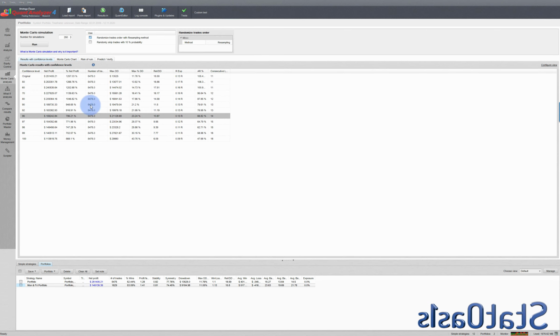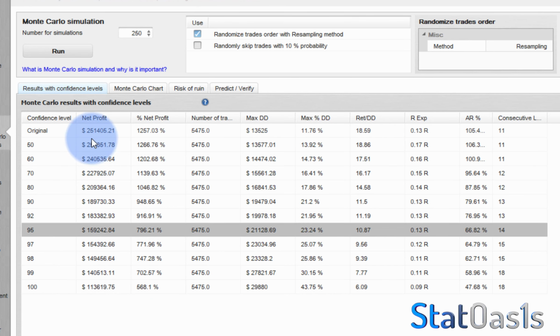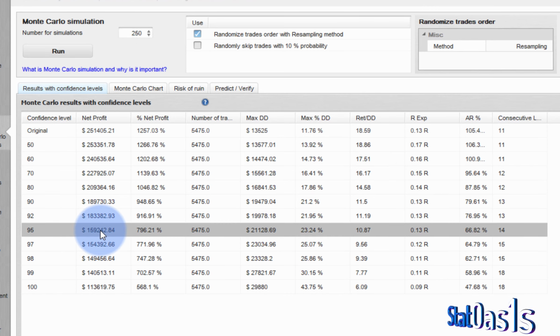But the whole point of this is to see our confidence level at each iteration. This Monte Carlo test shuffles the trades of the portfolio and then produces these figures. So at 95%, I make 159,000. That means that I have less than 5% chance of making less than $159,000. Let's make this 160 to make it easy.